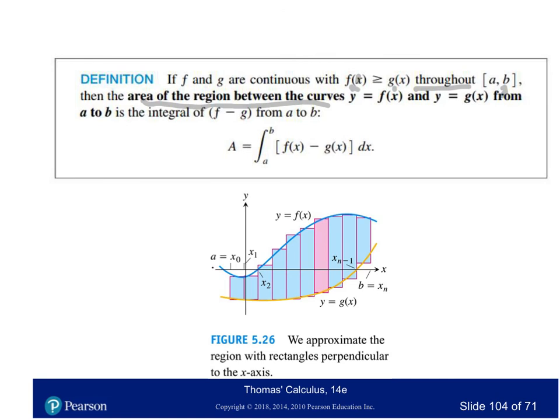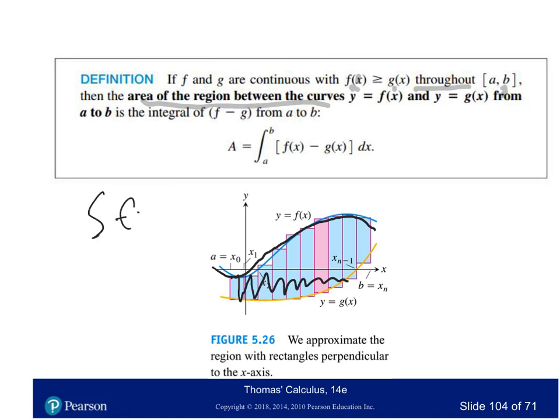You are finding the area under the curve of f, and you're subtracting the area bounded by the curve that's under the axis and f. That would be the area bounded by g.